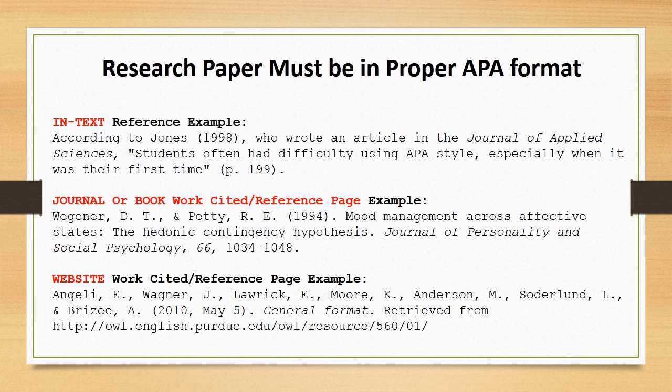So make sure that you include quotation marks around all cited work to distinguish your thoughts from the researchers. Cite all sources and make sure that you have at least 7 scholarly sources cited in your paper. Also, make sure that all sources that you list in your reference page are actually included in your research paper.